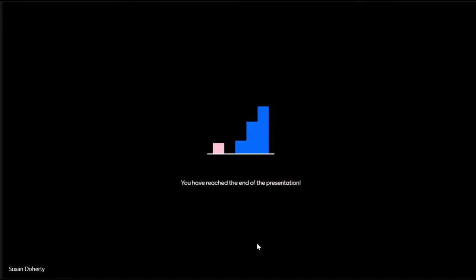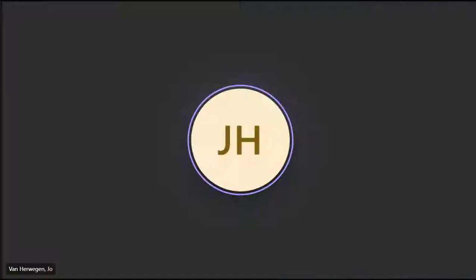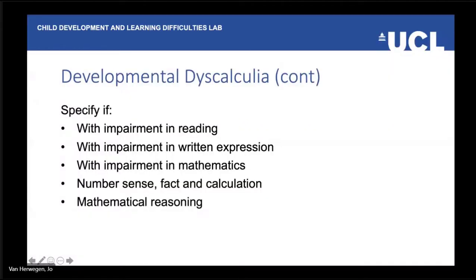But indeed, we'll talk more about these things. These are some common neuromyths, as we call them, things people believe around developmental dyscalculia that we know are not true.